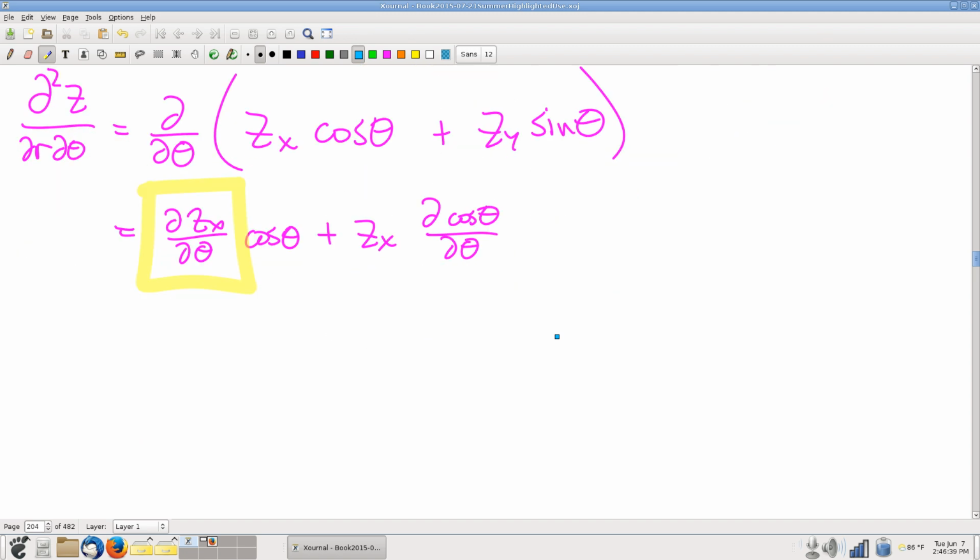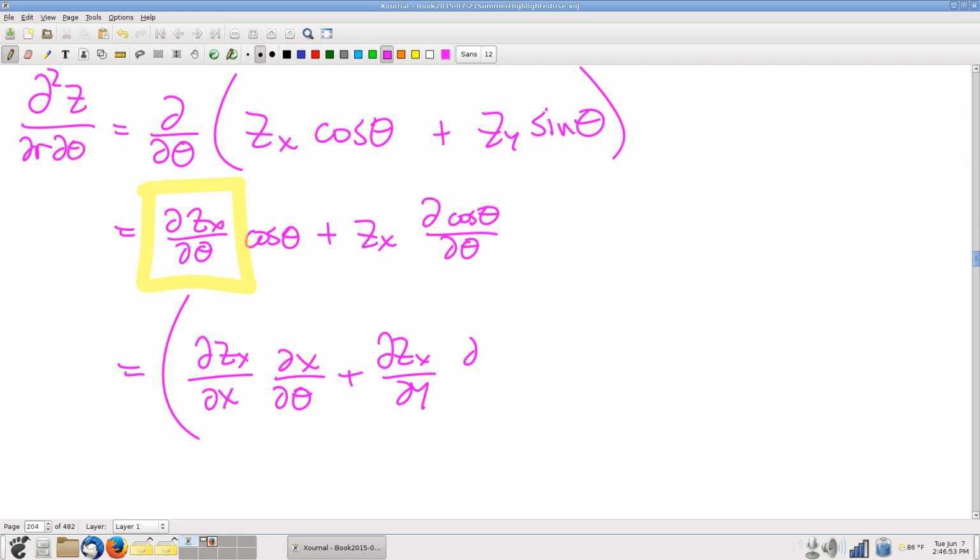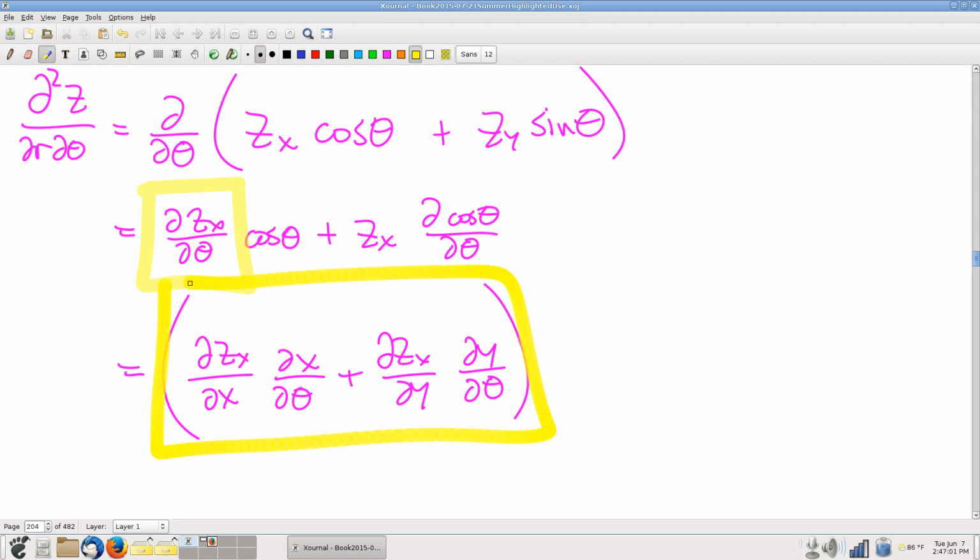All right, so with that in mind, we rewrite that guy as partial zx with respect to x, partial x with respect to theta, plus partial zx with respect to y, partial y with respect to theta. Now, before I get into simplifying that, let me just acknowledge that that is just what that became.